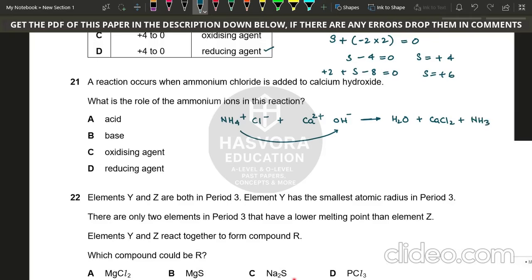So whenever a substance is donating a proton, we say that it is an acid. Remember, NH4 ions are behaving as an acid, while NH3 is a base. So the answer for this one will be A.